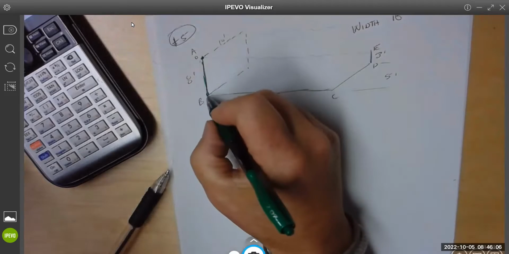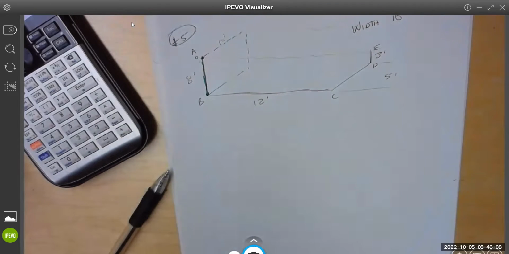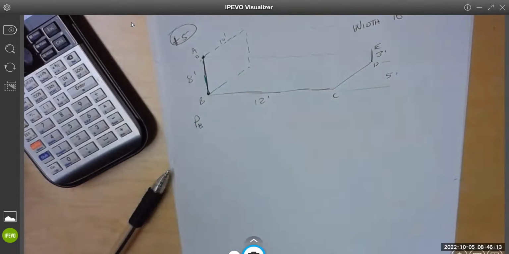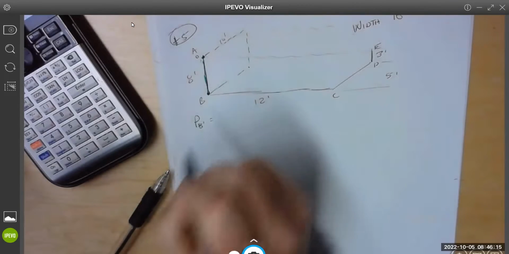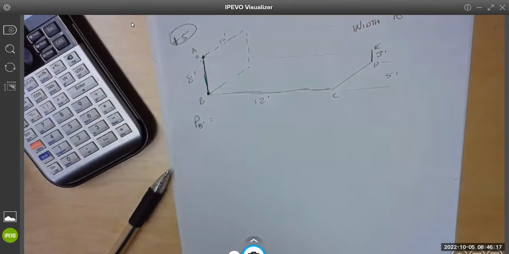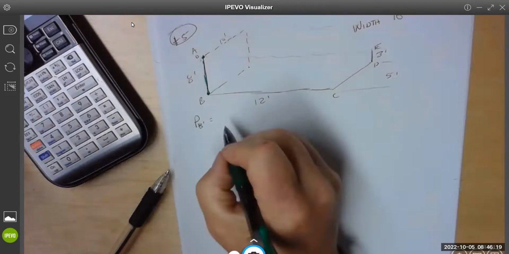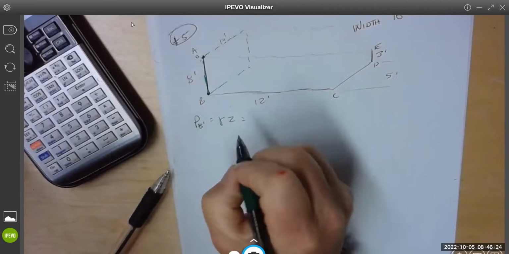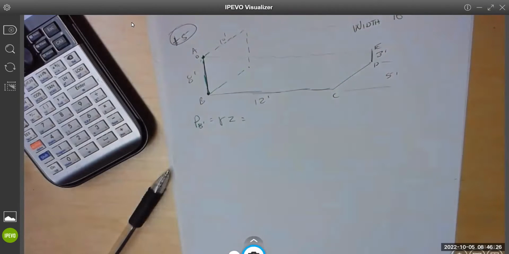What's the pressure at the bottom? We just learned how to calculate that. I put little notations on, like pressure at 8 feet, so I know what pressure I'm working with. That's going to be the specific weight of the fluid times the Z depth. I'm guessing this is water, swimming pool.